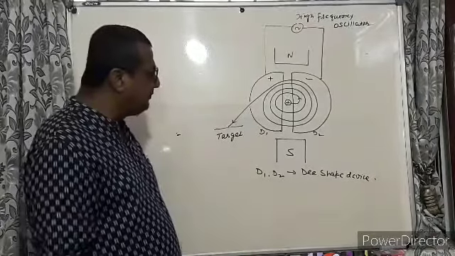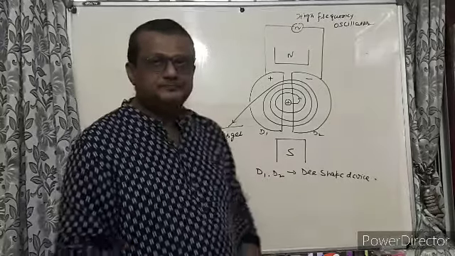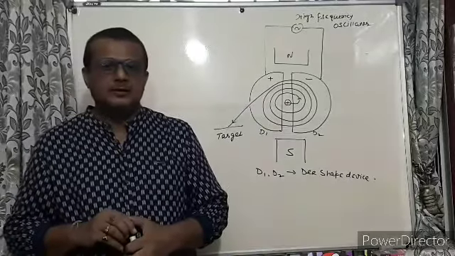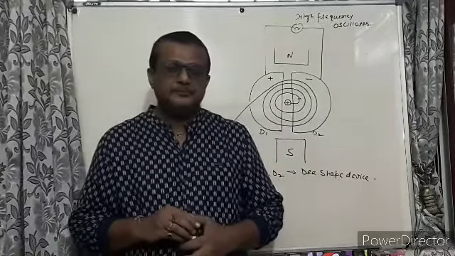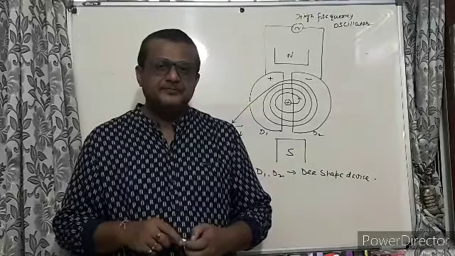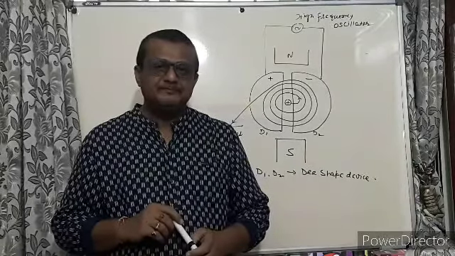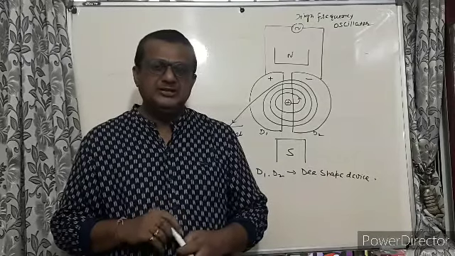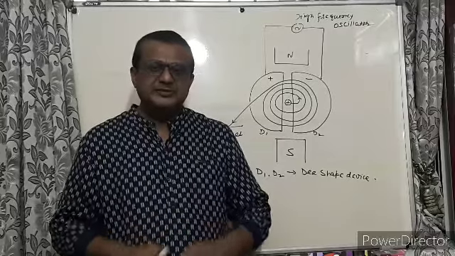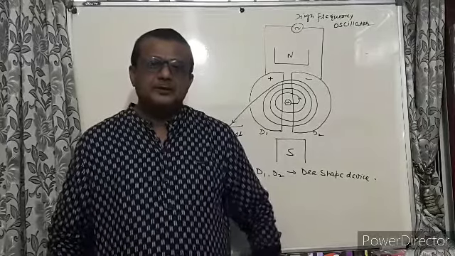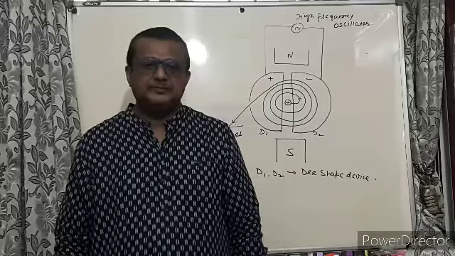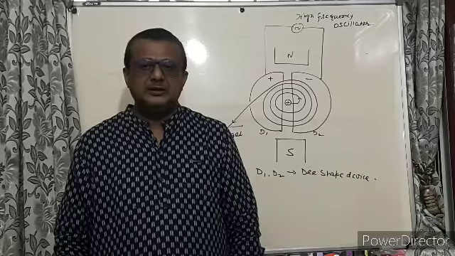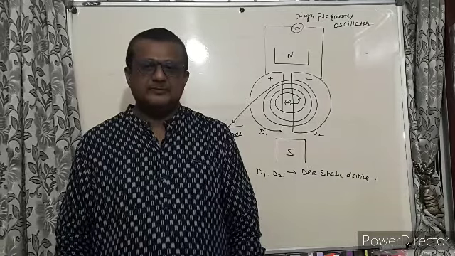I think it is clear. So write down please. Cyclotron has two D's which are connected with a high frequency oscillator.